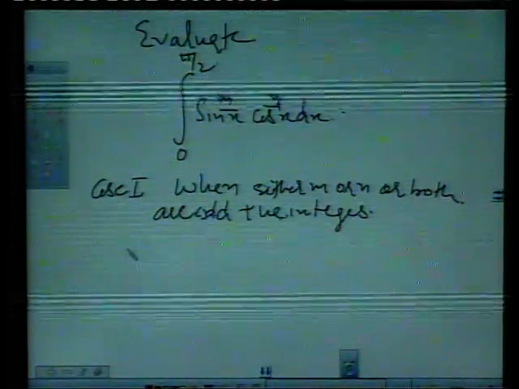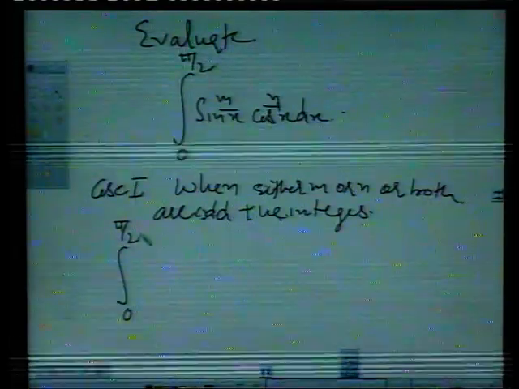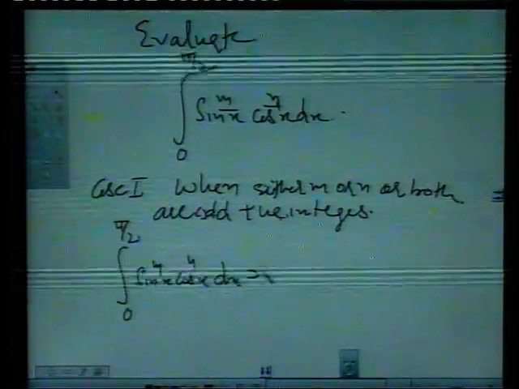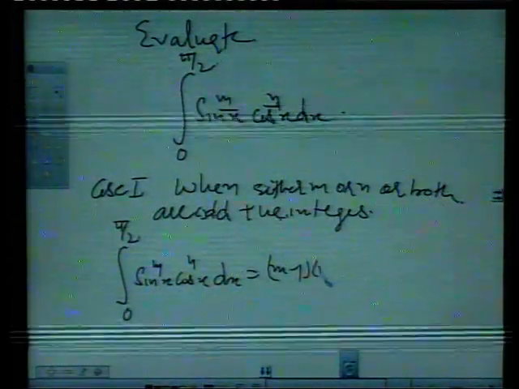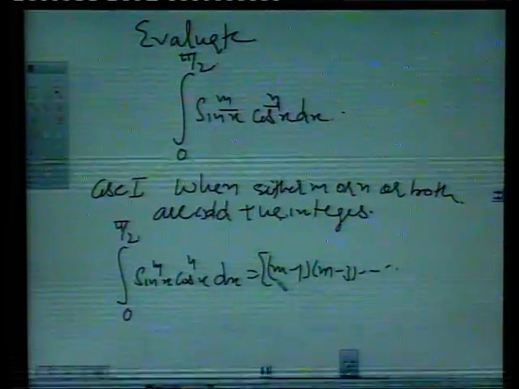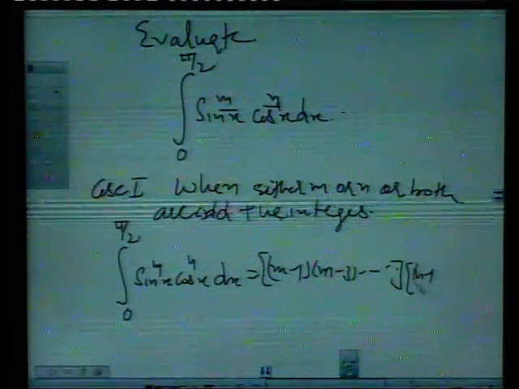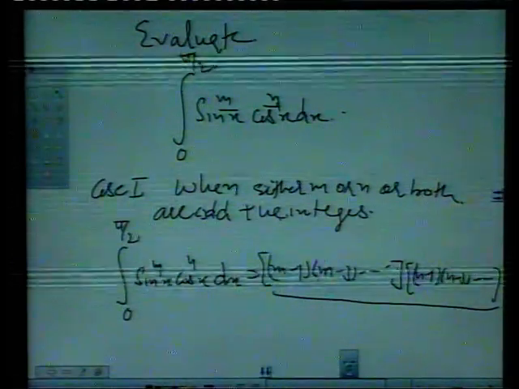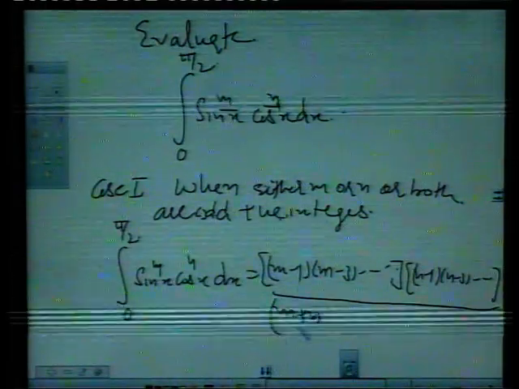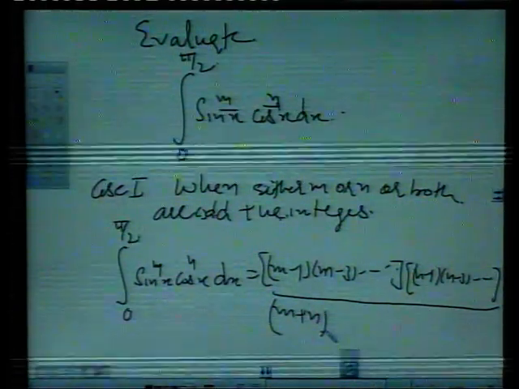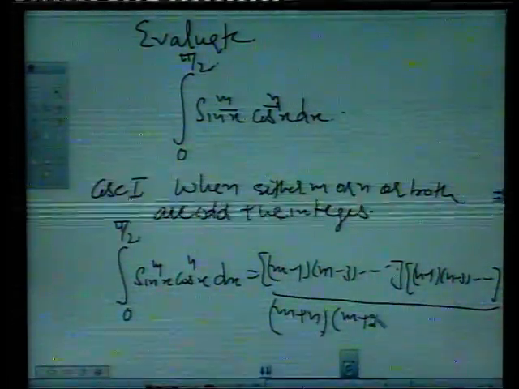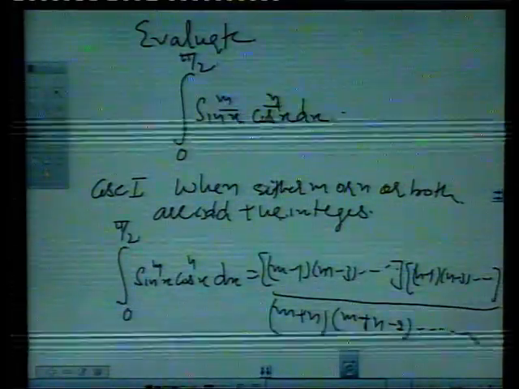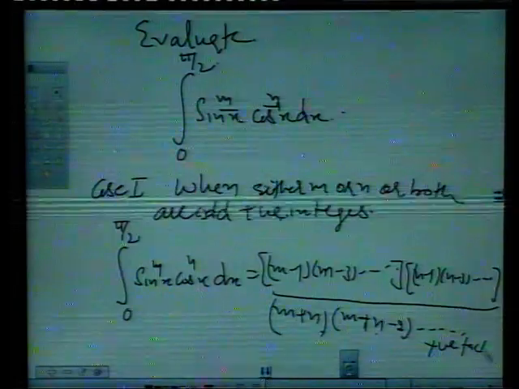In that case, the integral is equal to m minus 1, m minus 3, go on decreasing by 2, n minus 1, n minus 3 and so on, again up to the last positive factor, upon m plus n, m plus n minus 2 and so on, decreasing by 2 up to the last positive factor.